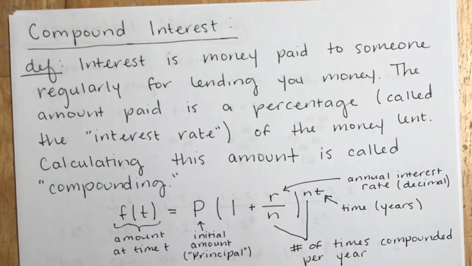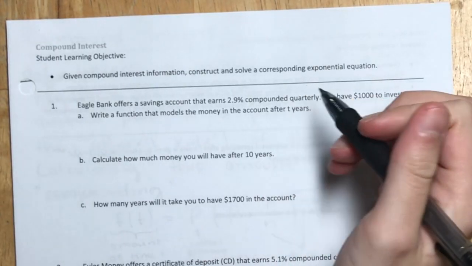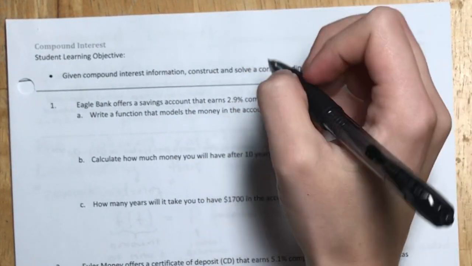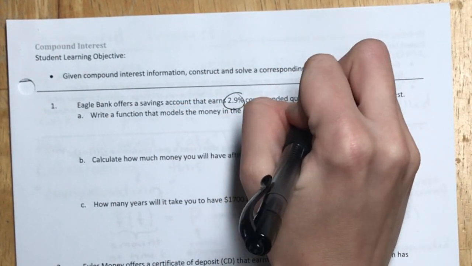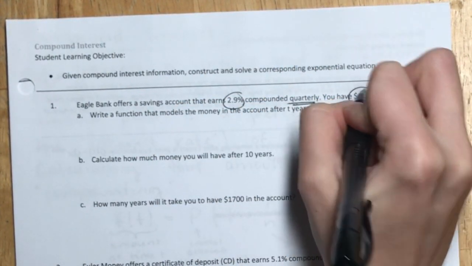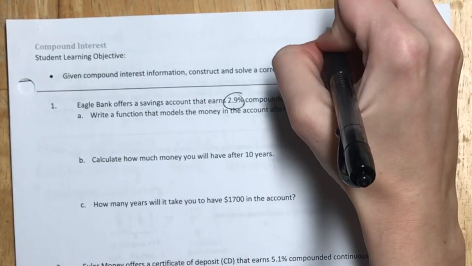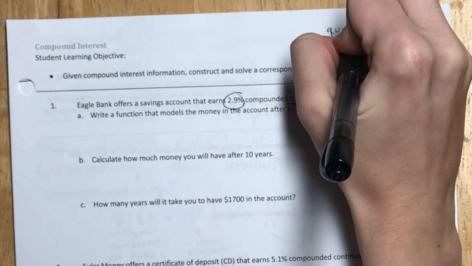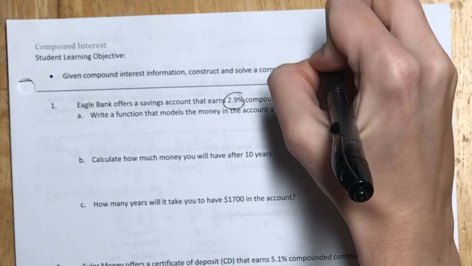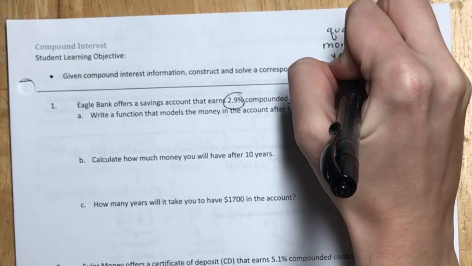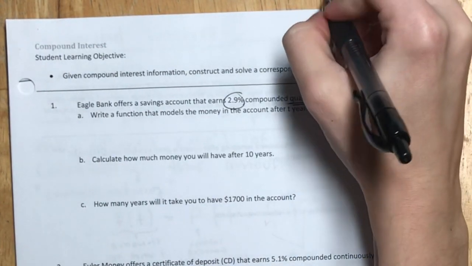Okay, so let's use this formula a couple of times. There are a couple of good examples in the lab manual. Eagle Bank offers a savings account that earns 2.9% compounded quarterly. So 2.9% quarterly is important, and you have $1,000 to invest. You may see words like quarterly, monthly, yearly, semi-annually.